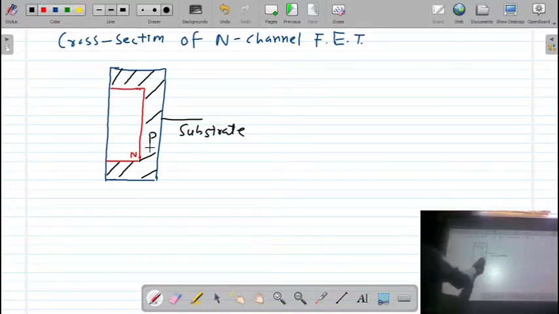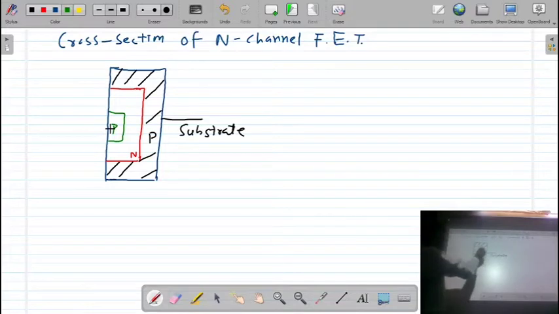On this P type, the N type semiconductor material, which is lightly doped, is diffused. In this N channel, heavily doped P-type concentration is diffused.